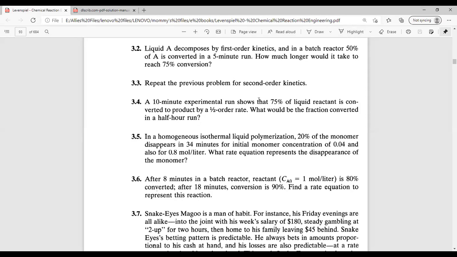So let's go to the whiteboard, or let me read first the problem. A 10-minute experimental run shows that 75% of liquid reactant is converted to product by a 1/2 order rate. So your n is 1/2. What would be the fraction converted in a half-hour run?